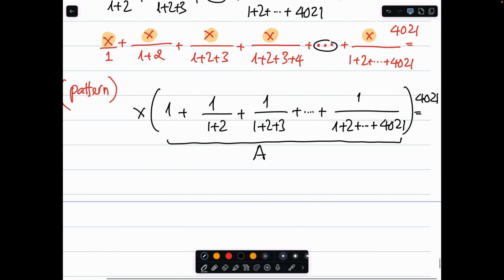So actually this scary looking equation is just a times s equals something, and of course a is not 0, so I can divide it.